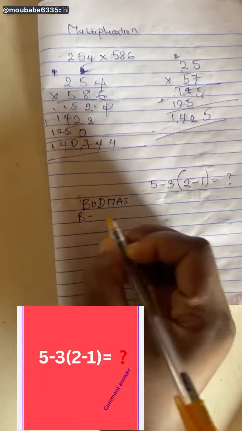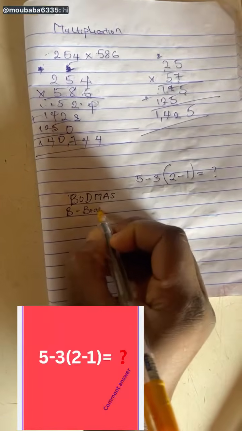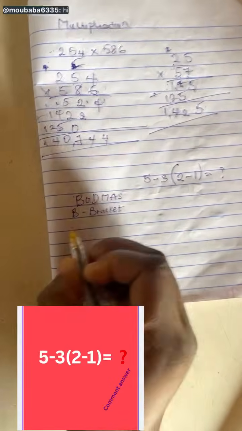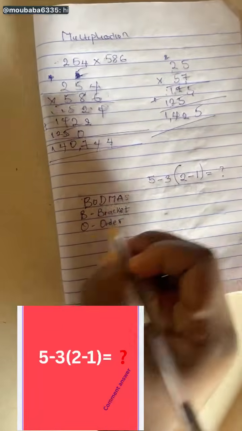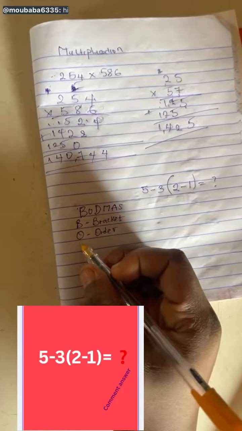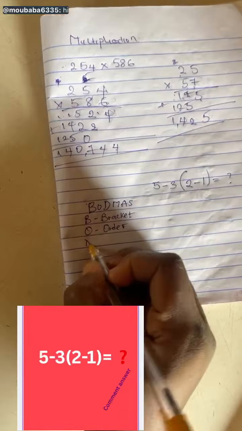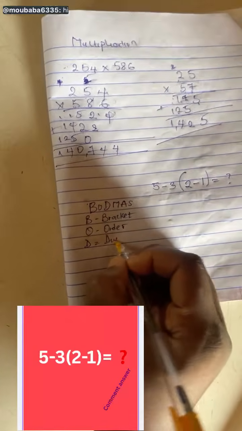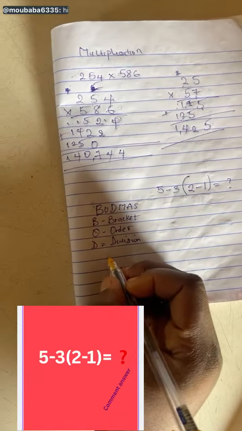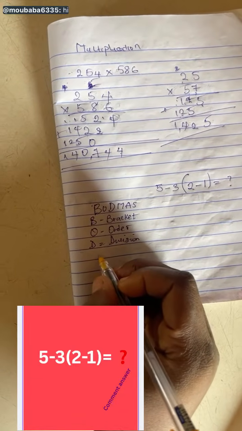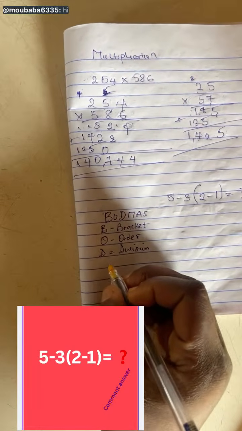B is what? B is bracket, O is order. D is what? Division. D is division.